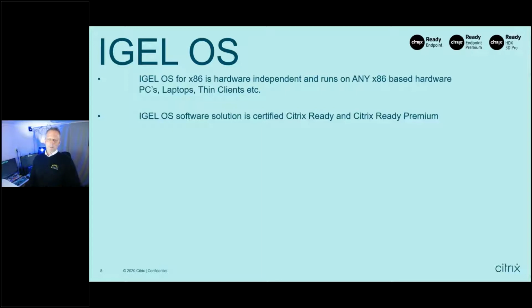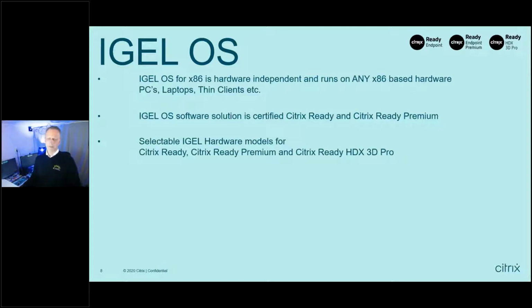The IGEL OS software solution, the operating system by itself, is certified Citrix Ready and Citrix Ready Premium. And of course, you have selectable IGEL hardware models to match your different use cases. And we appear on Citrix Ready Premium, and also Citrix Ready HTX 3D Pro, depending on the model, of course.